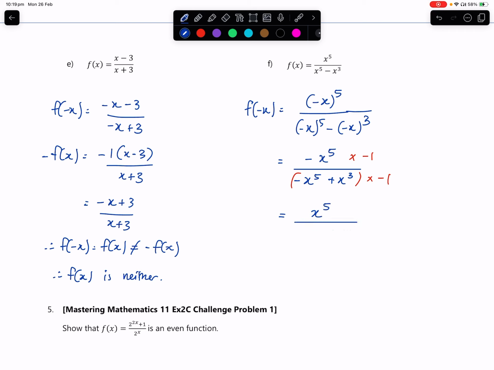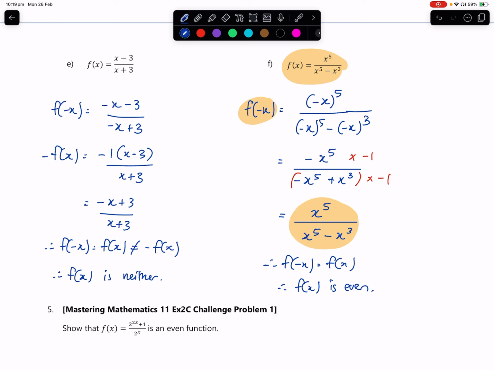Whereas on the bottom, if you expand this negative 1 inside, you will get x to the power 5 minus x cubed. Once again, have a look at this and this. Are they the same? They are, so therefore these are the same. So f of negative x is actually equal to itself, and that means the function is actually even. So that's a tricky one.